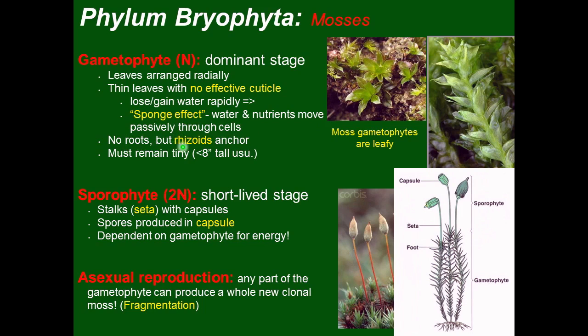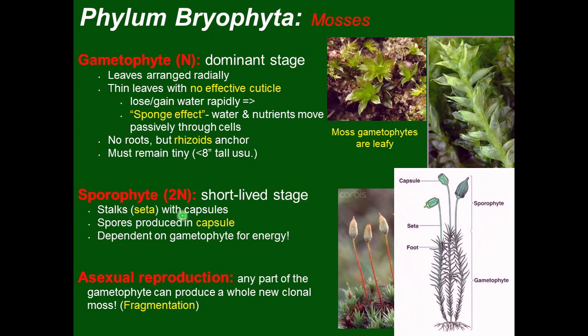They don't have roots, but rhizoids anchor them, and they must remain tiny, usually less than 8 inches tall. That's because they don't have vascular tissue to transport things to their cells. So they require many of their cells to be exposed to the environment to be able to absorb nutrients and get rid of wastes. The sporophyte generation is short-lived.